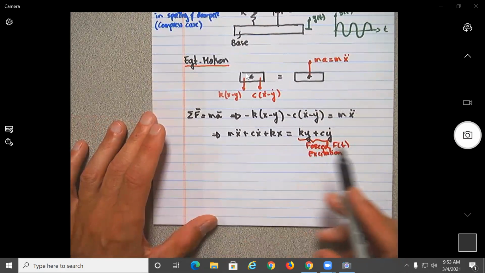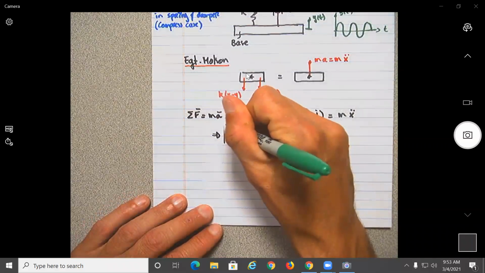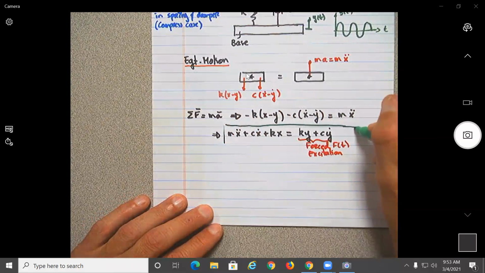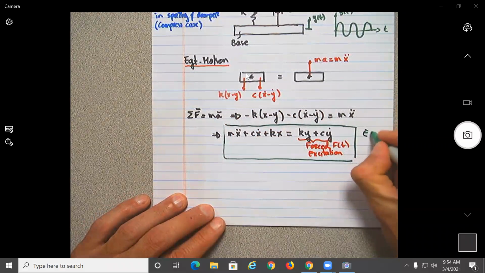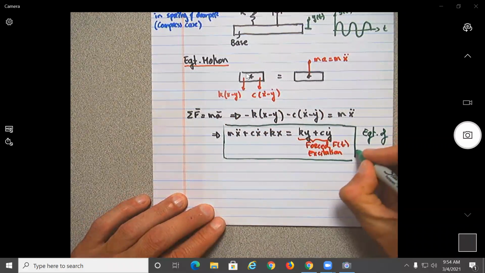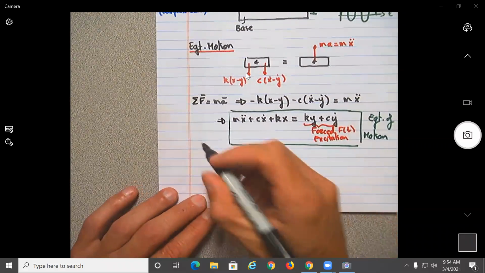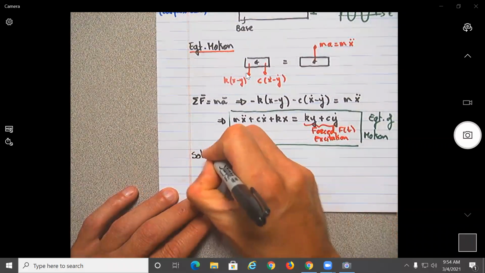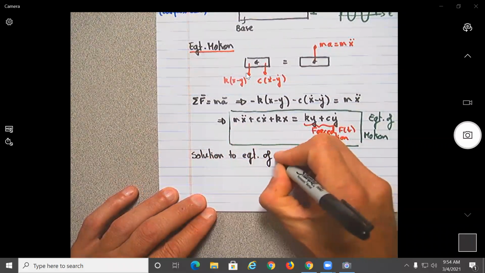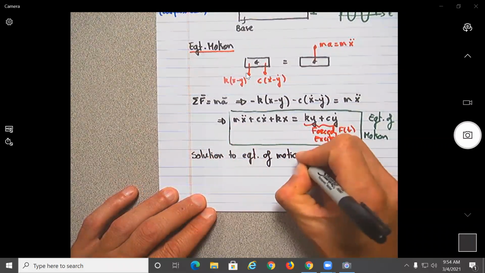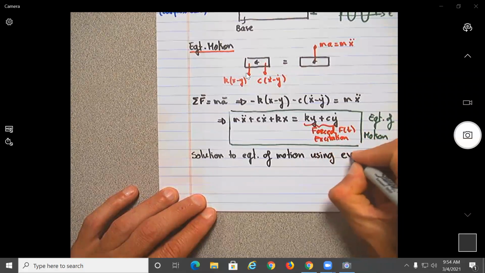So now you will have this, so this will be your equation of motion. Okay, and now we need to find the solution to the equation of motion using exponential notation.